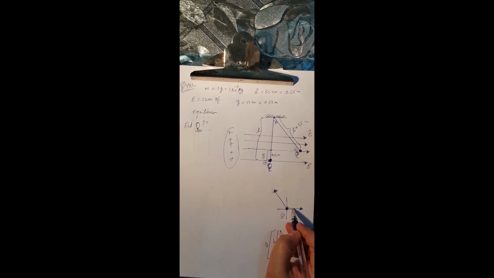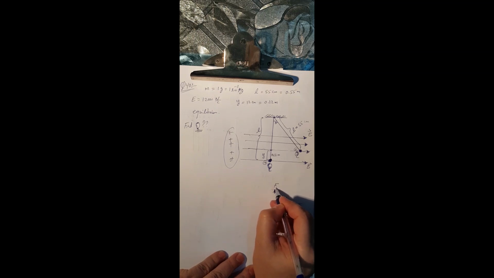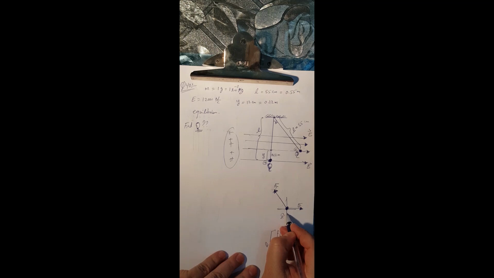I call it F electric, Fe, force of the electric field, repulsion. That's the force which pushes it up and then it stops here. What else do we have? We have a cable here, tension, cord. So we have F tension. And this charge is not just like a normal charge. It's on a mass, which means it has a weight. So there's a force of gravity, Fg.